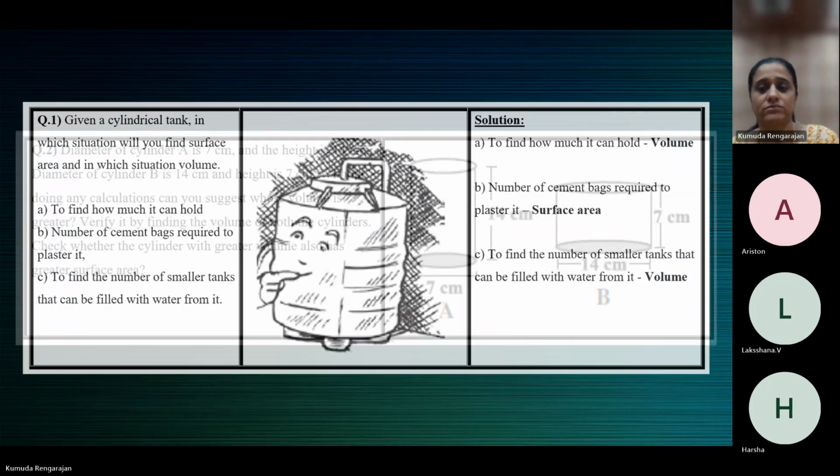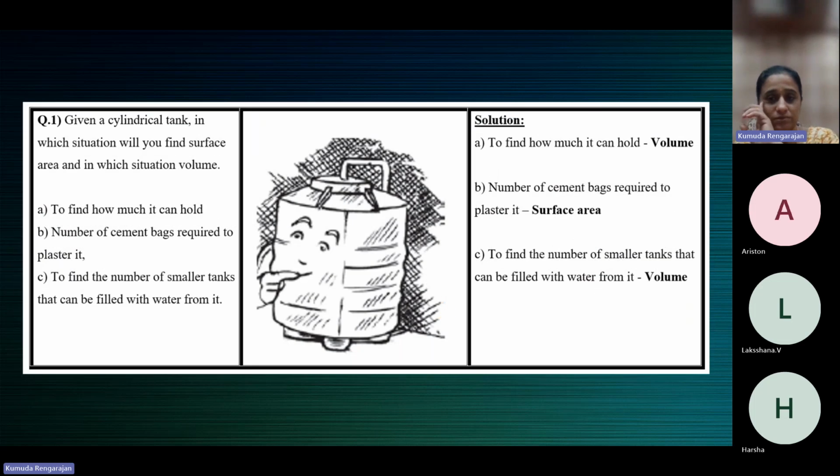You can see the answer here. To find how much it can hold, its volume. Number of cement bags required to plaster it: since the plastering activity is on the walls and the ceiling, it is surface area. Next, the number of smaller tanks that can be filled with water from it: water filling is all about volume.